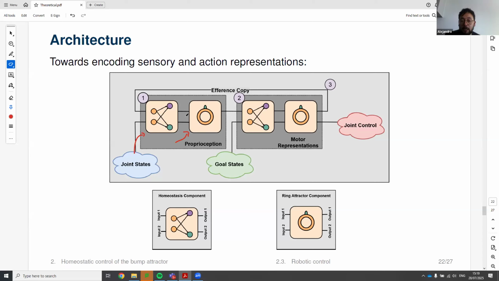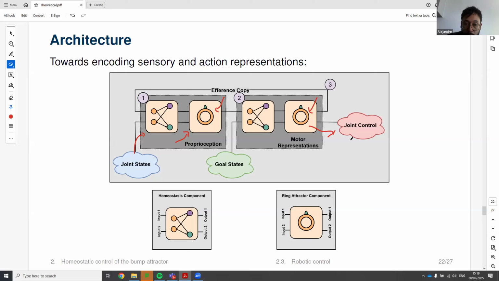So essentially, it's like making an observation of your body and then trying to figure out what you're doing. And then you use those beliefs to essentially update some sort of representation of action that will ultimately be used to control the joints, but also as an efference copy to update the representations and generate some sort of surprise signal if something doesn't go right.